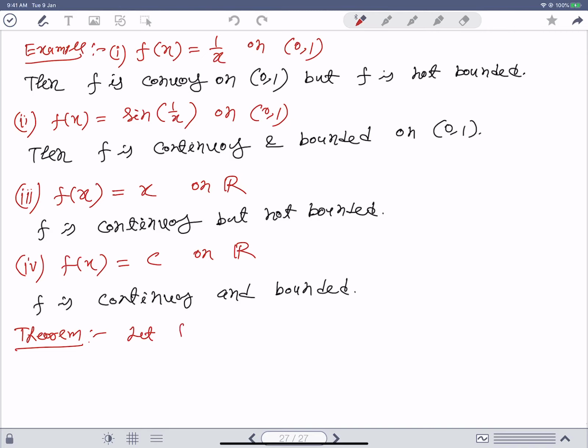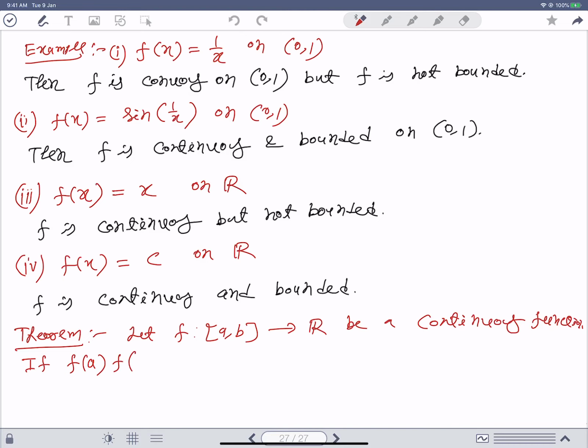So let f be a continuous function from the closed interval [a, b] to R. Right? Now if f of a times f of b is less than 0, then there exists a point c belongs to the open interval (a, b) such that f of c equals 0.